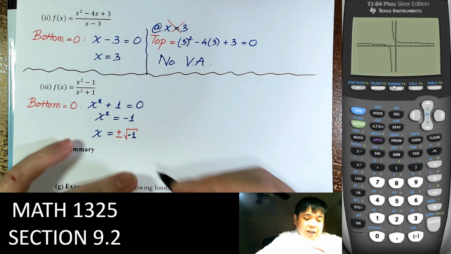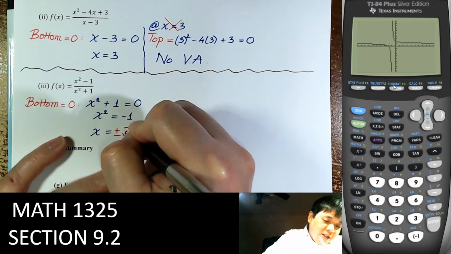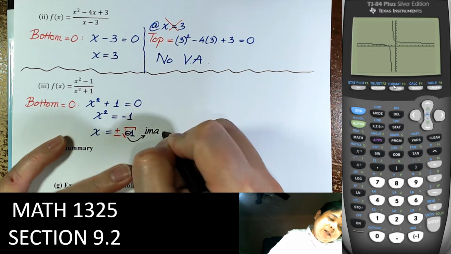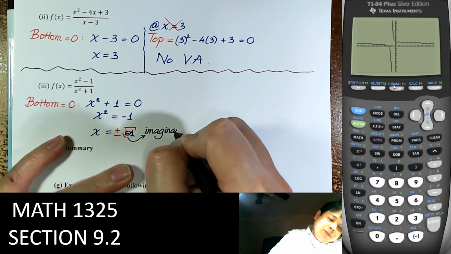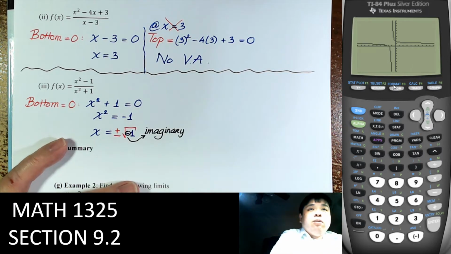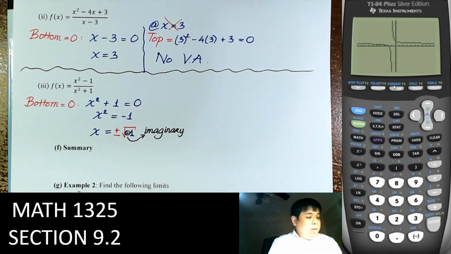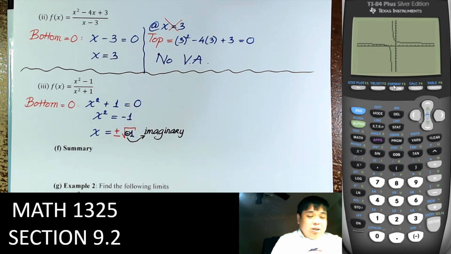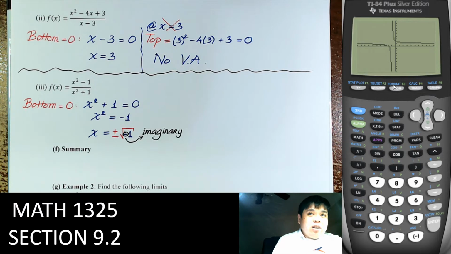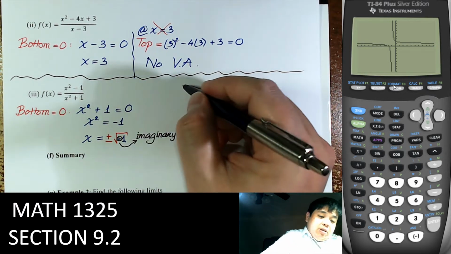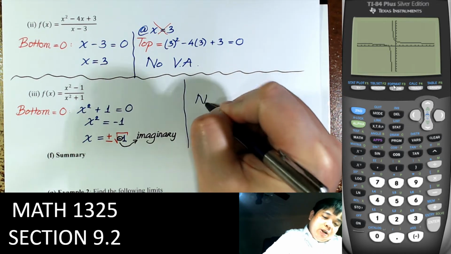What we see here is there is a negative inside a square root. So that will give us imaginary, which is not a real number. So in that case, there is no vertical asymptote. Remember, the vertical asymptote is on the graph, and the graph only has real values on that xy coordinate system. So there is no imaginary in there. So in this case, we say there's no vertical asymptote.